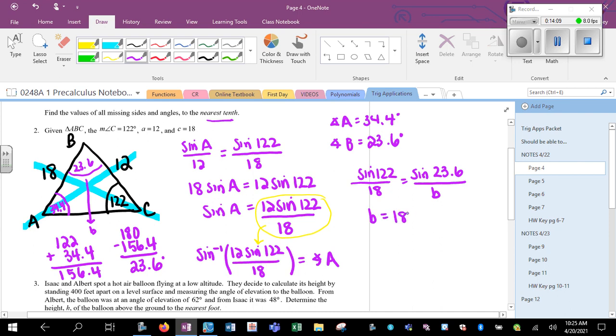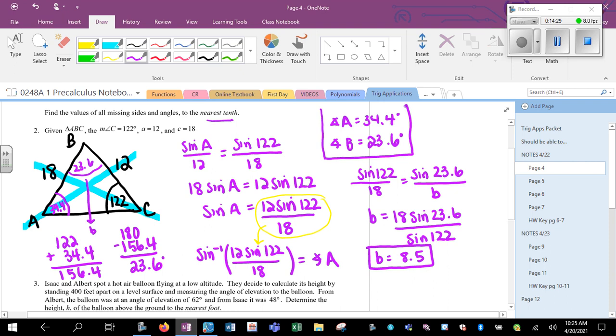So that's 18 sine of 23.6 divided by sine of 122. You would plug that in the calculator and that's going to give us 8.5. So to find our missing pieces for this triangle solution, this time we needed two angles and a side.